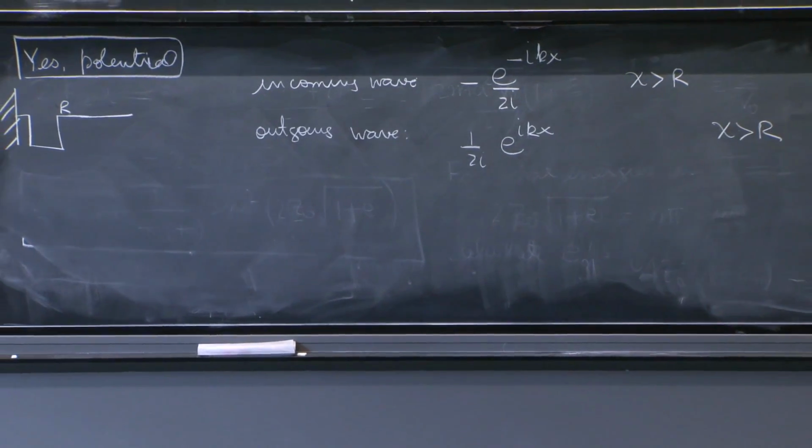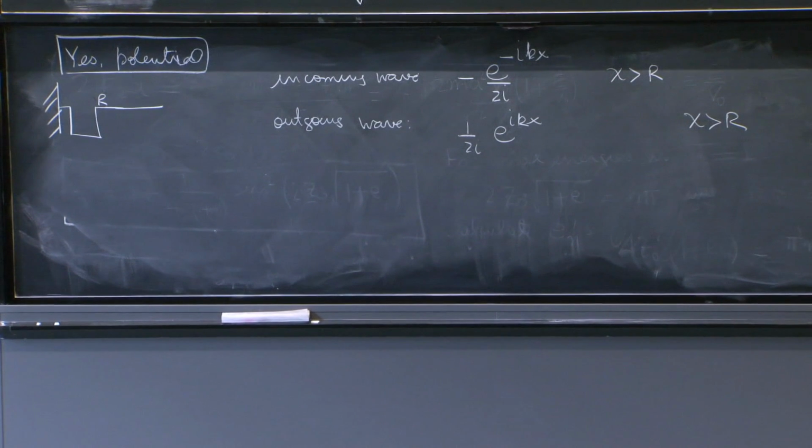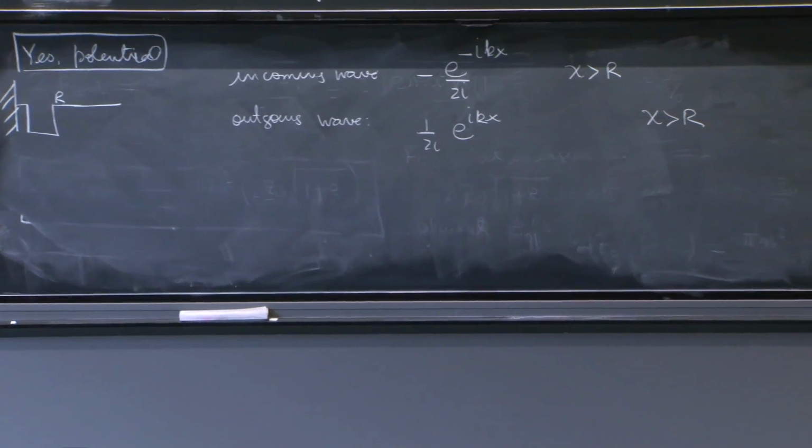But that cannot be the outgoing wave. This is the same as the other one, and there's a potential, so something must be different. On the other hand, if you think about it, very little can be different, because you must have a solution with zero potential.